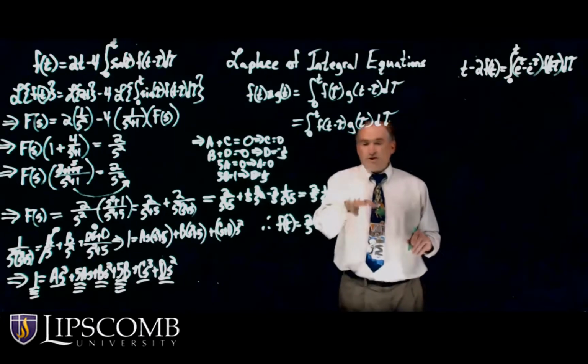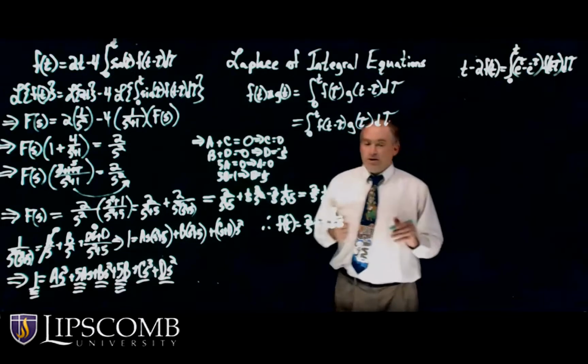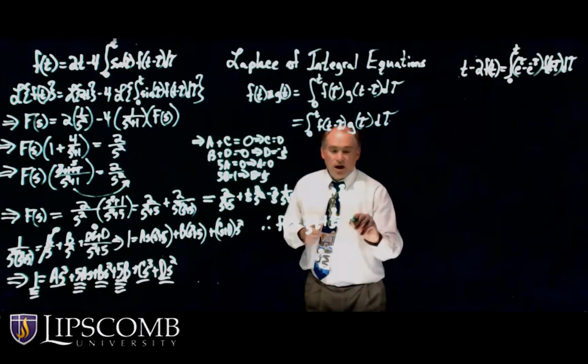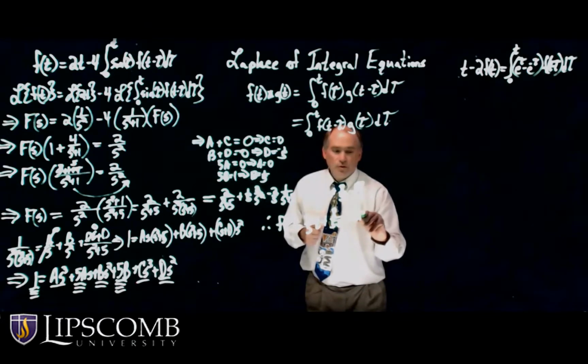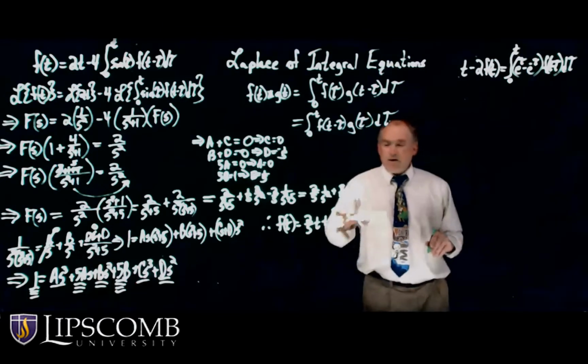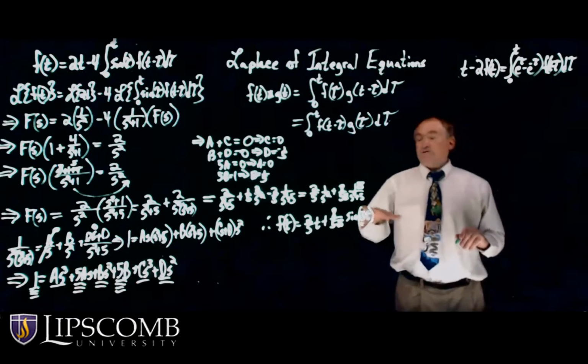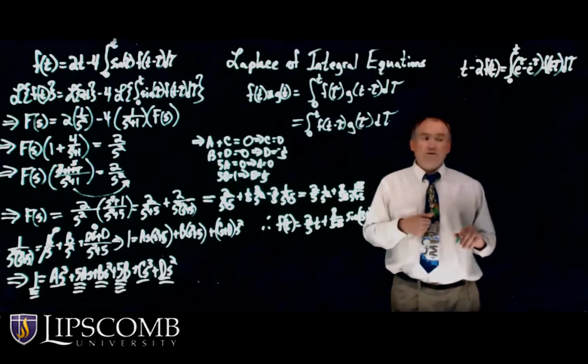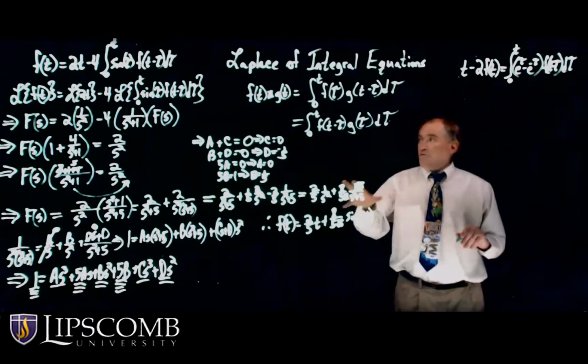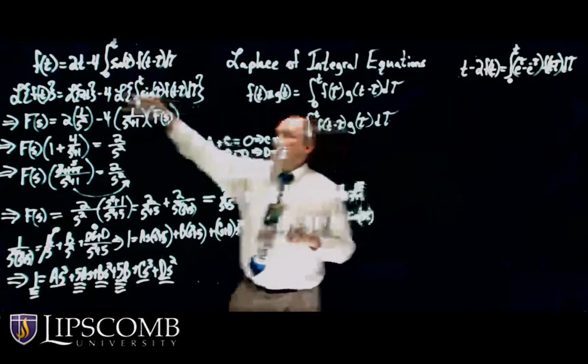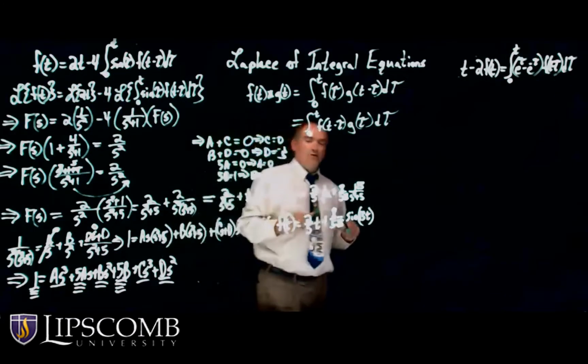Now, what's the inverse Laplace of this? Well, isn't that sine square root of 5 times t? 8 over 5 square root of 5 times the sine of square root of 5 times t. So this is the solution to this integral equation.